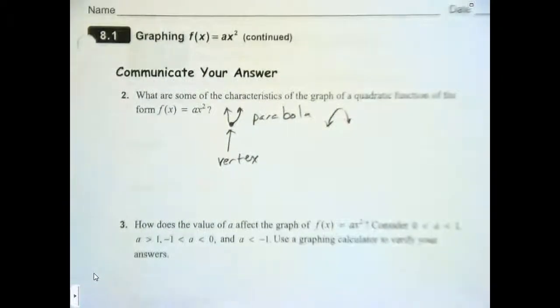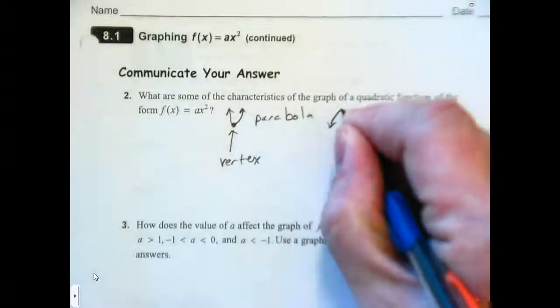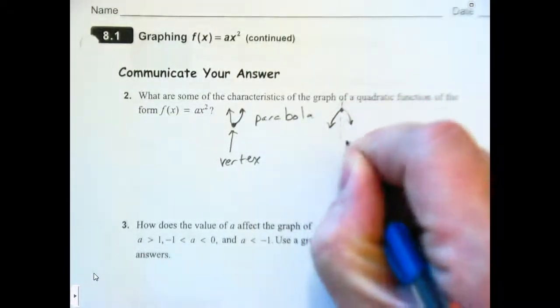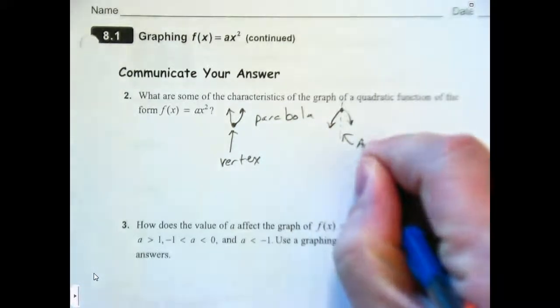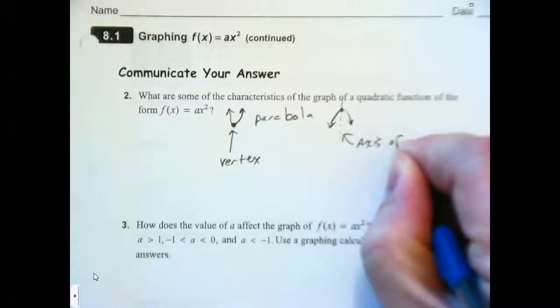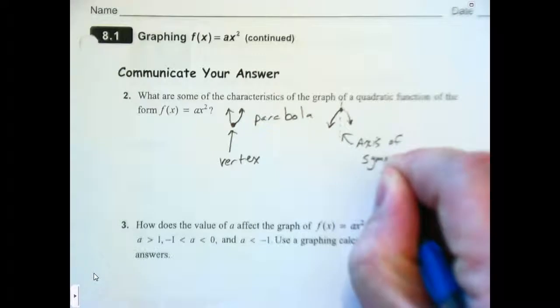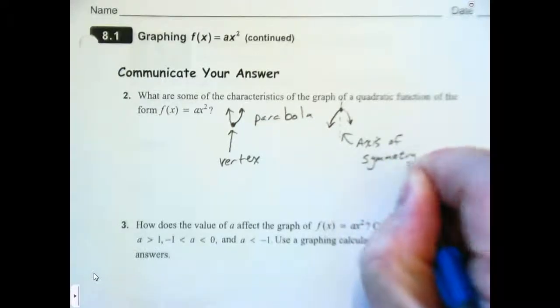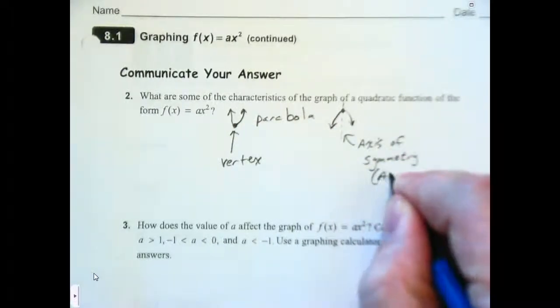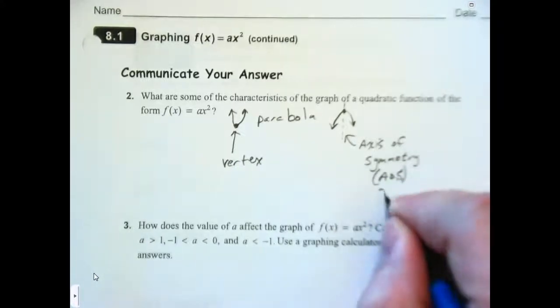We also know that there's a line running right down the middle of your parabola called an axis of symmetry. We're going to call that the AOS. It's always in the form x equals.